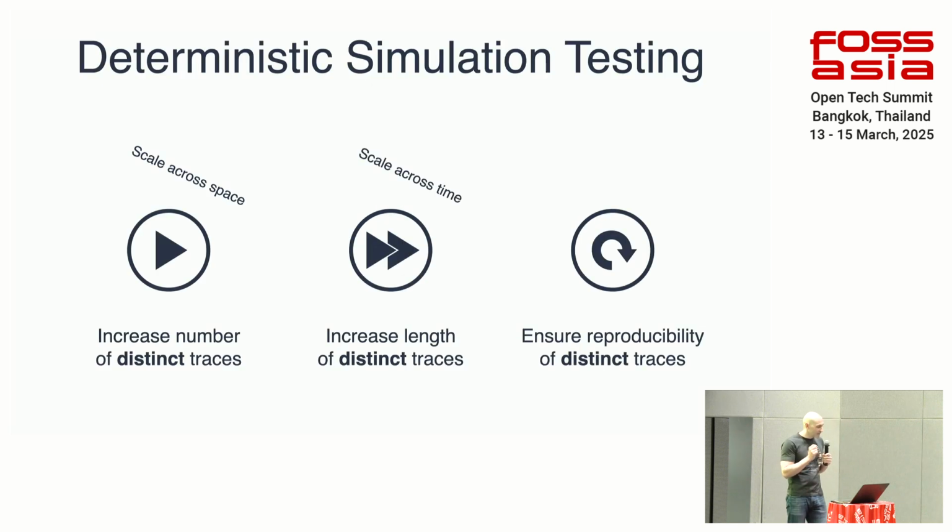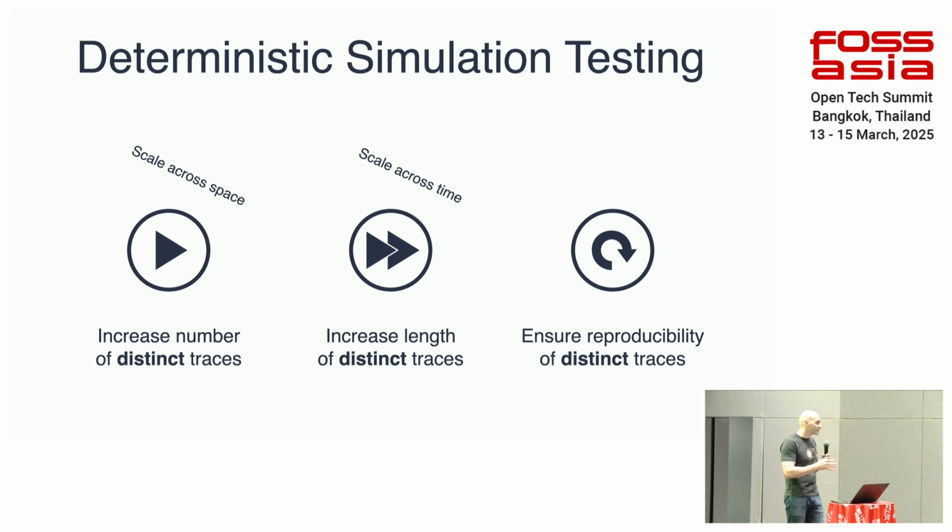Now, deterministic simulation testing enables you to scale across space by controlling the scheduling and failure injection, and therefore increasing the number of distinct traces. And additionally, deterministic simulation testing enables you to scale across time by virtualizing time, and therefore increasing the length of distinct traces while shortening the test time.